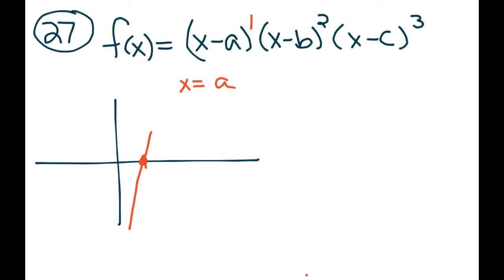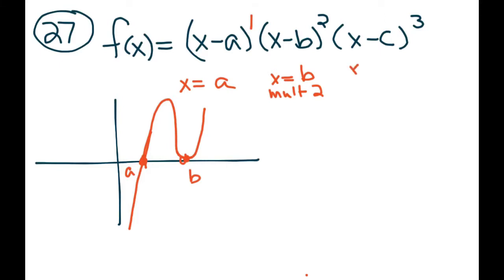like a line. Another root is at b, but b has a multiplicity of 2, which means if I call this b, that means the graph has a quadratic shape at that x-intercept.